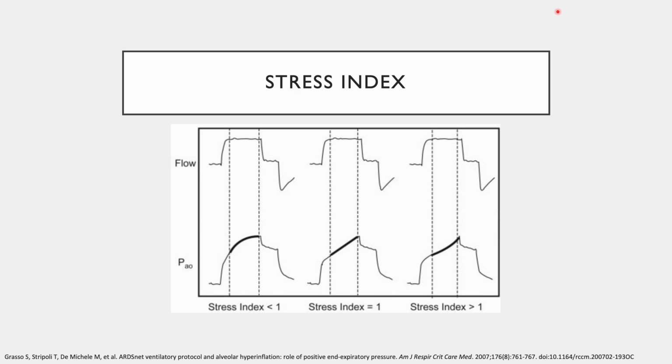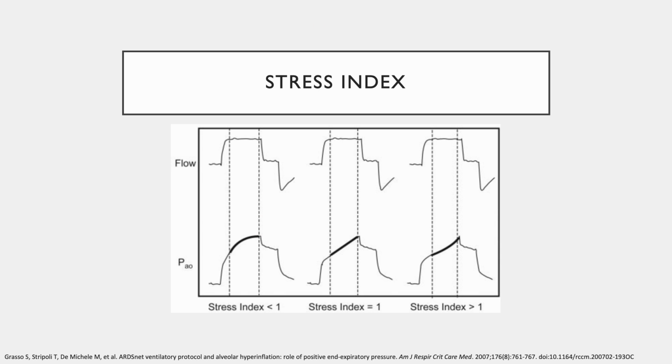A value of more than 1, as shown here on the right, where the slope increases, suggests less compliant states and overdistension. When the value is less than 1, and it shows a decreasing or convex curve, this suggests increased compliance and potential for recruitment with additional PEEP.